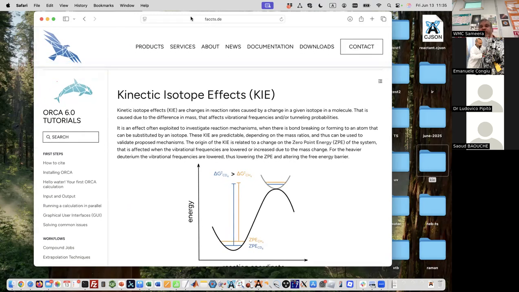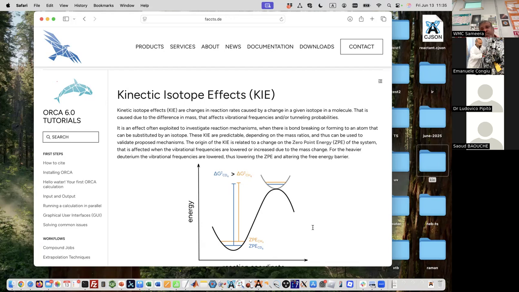Let me check the questions. Okay, can we freeze the atoms while performing NEB calculation? Is it a good practice? Well, you can in principle freeze atoms during NEB calculation or optimizations, but it may not be good practice.